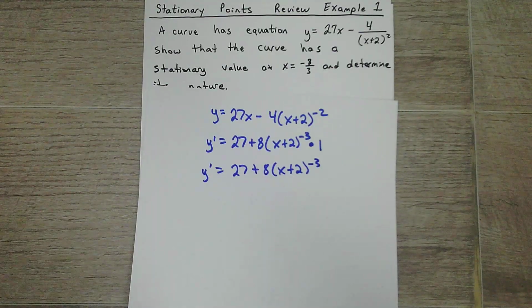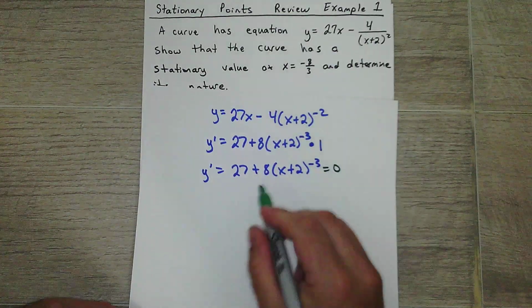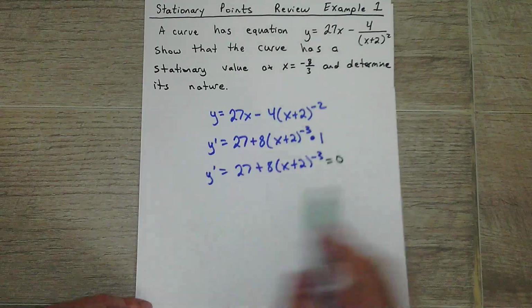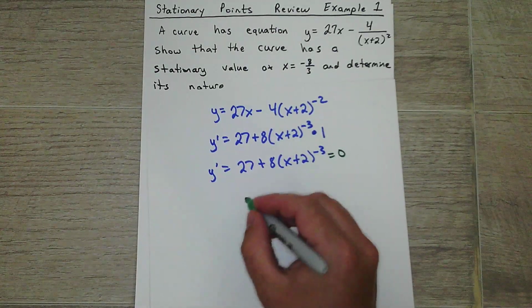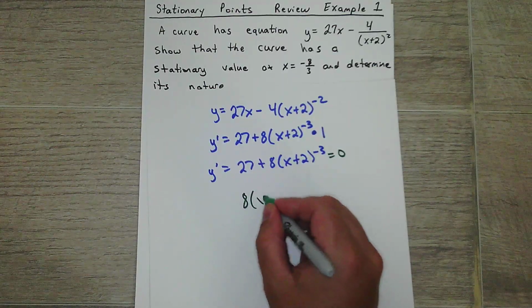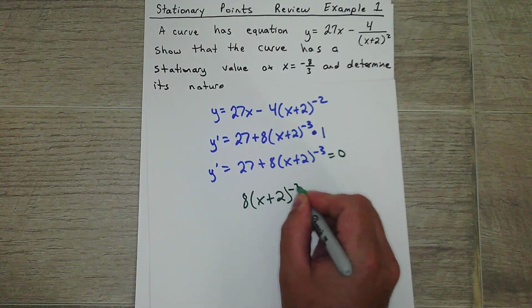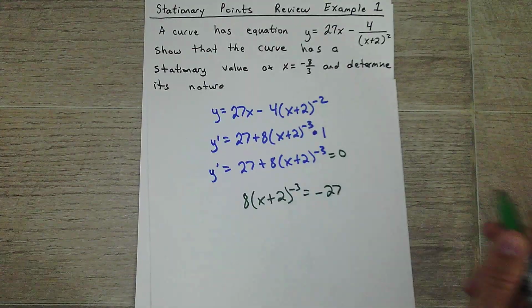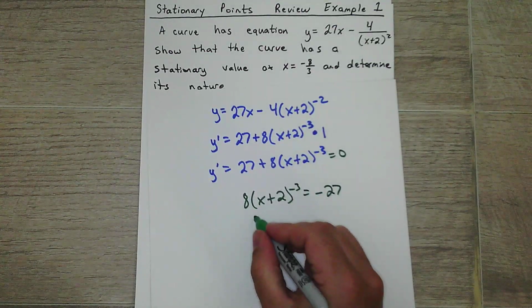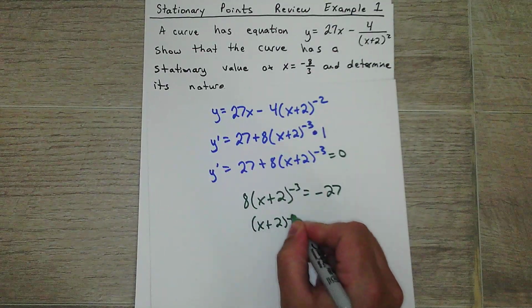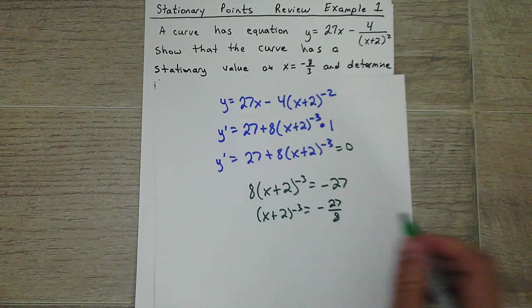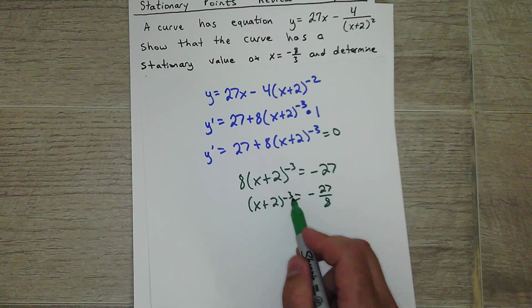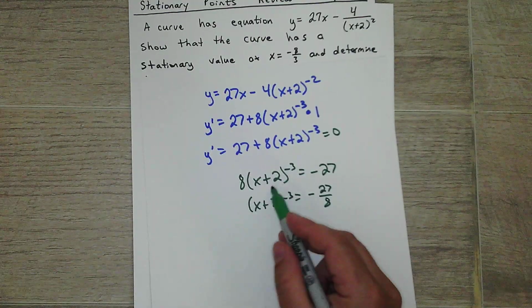So what do we do with the derivative? We set it equal to 0 and we solve for x. I'm just going to subtract 27, bring the 27 over. So I get 8 times (x plus 2) to the negative third equals negative 27. Divide by 8. How do we deal with this? Remember, the negative exponent means it's 1 over this.